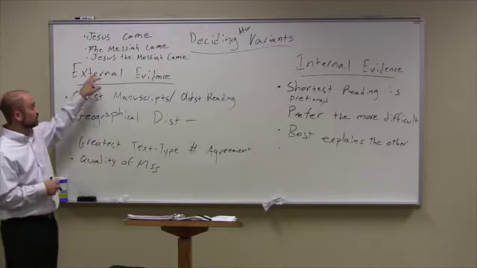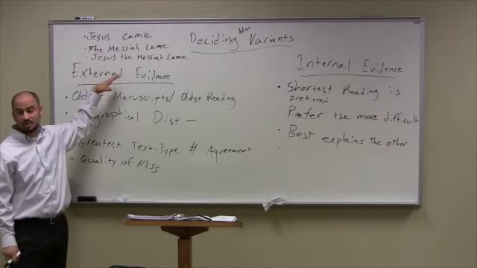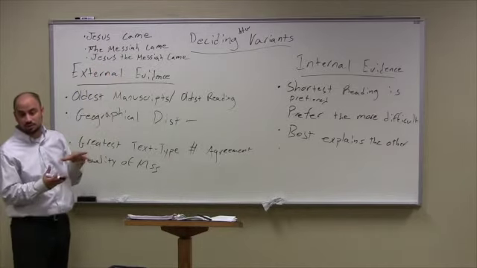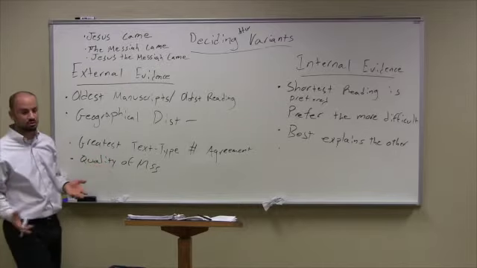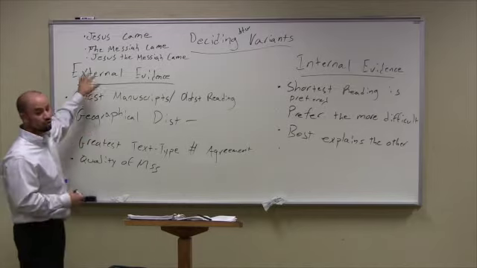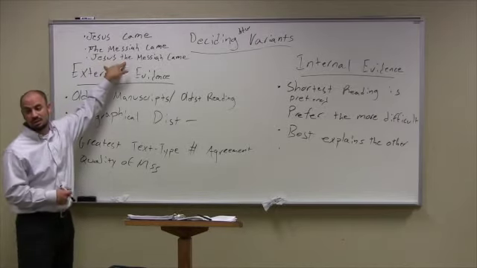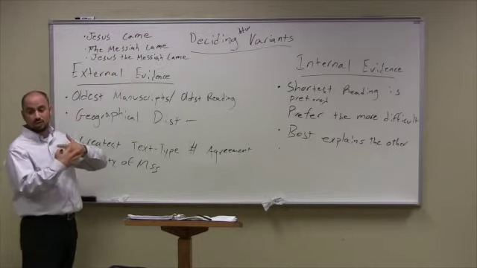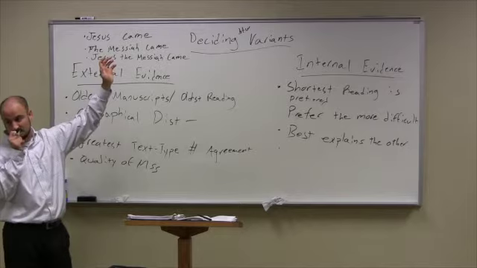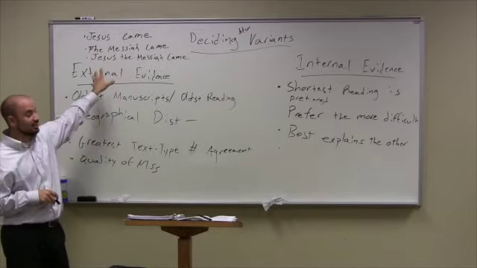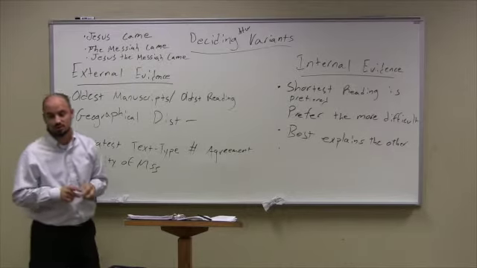So if we find this reading in a Western text, we know that those scribes had the tendency to conflate readings. We just know that from the study of manuscripts. So if we're looking at this in a Western text, we might come to the conclusion that he has brought the two together. And then we have to choose between Jesus or the Messiah. And then we can make that decision based upon other external evidence or other internal evidence.